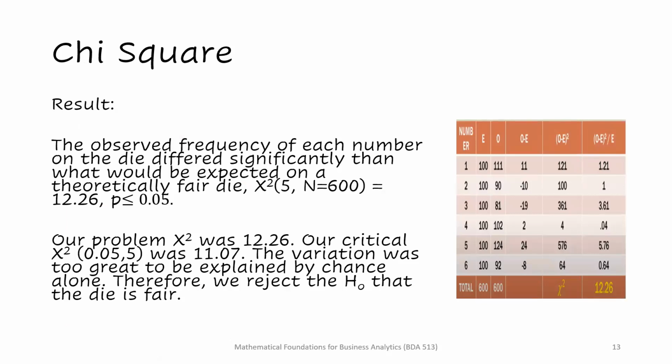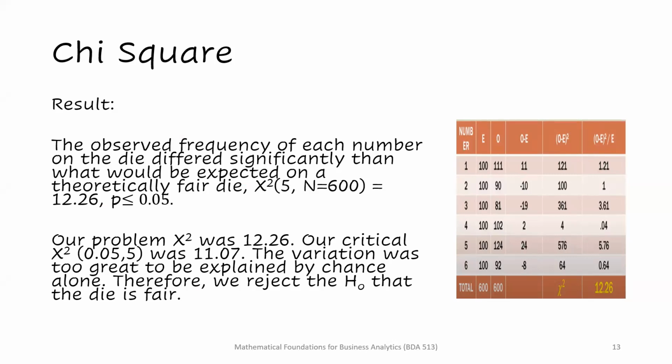So this will be our conclusion. The observed frequency for each number on the die differs significantly from what would have been expected on a theoretically fair die, where the degrees of freedom were 5 and the number of observations 600. Here we had 12.26 at a p-value of 0.05.